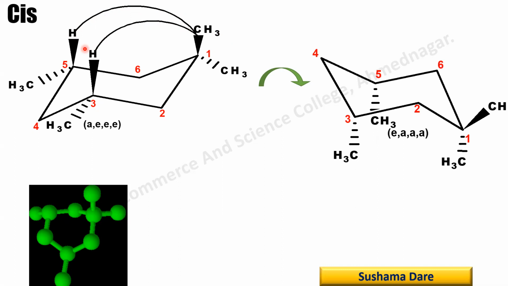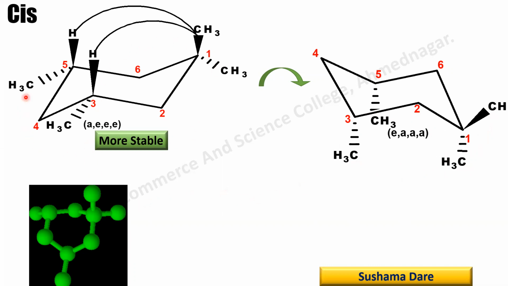This is the flip structure of the AEEE conformer, which is denoted as the EAAA conformer, and this one is a highly unstable structure. The reason behind it is that 3 groups are in an axial position while only 1 group is in an equatorial position.